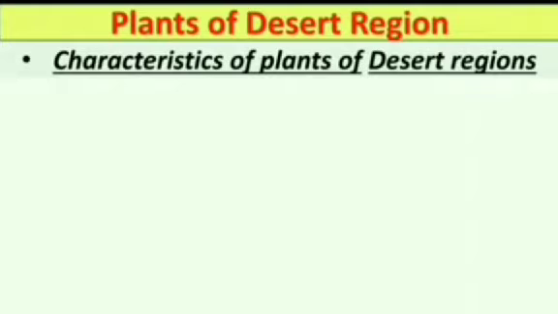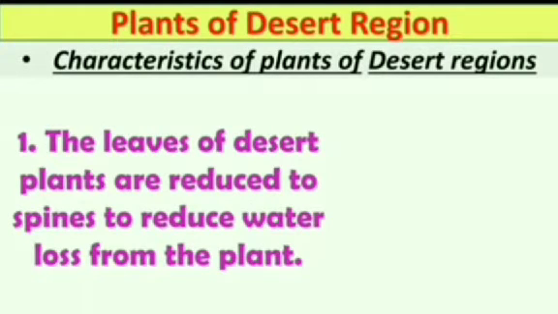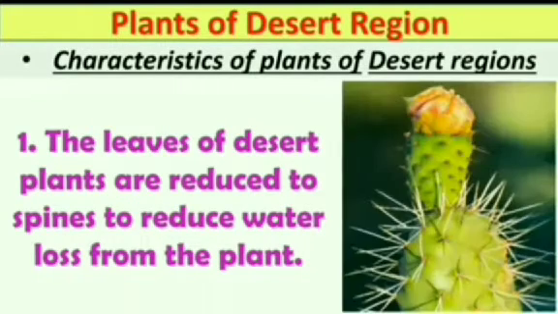Adaptation of plants of desert region. Characteristics. The leaves of desert plants are reduced to spines to reduce water loss from the plant.